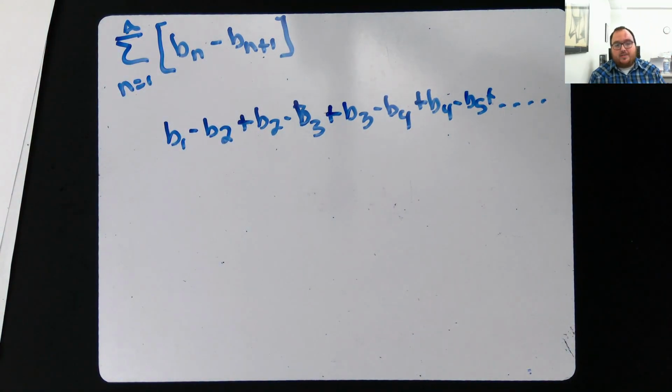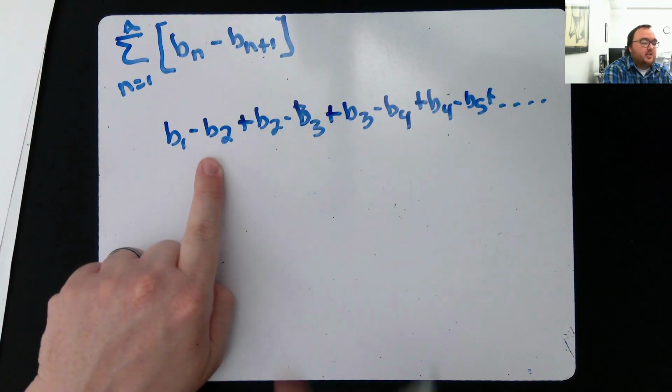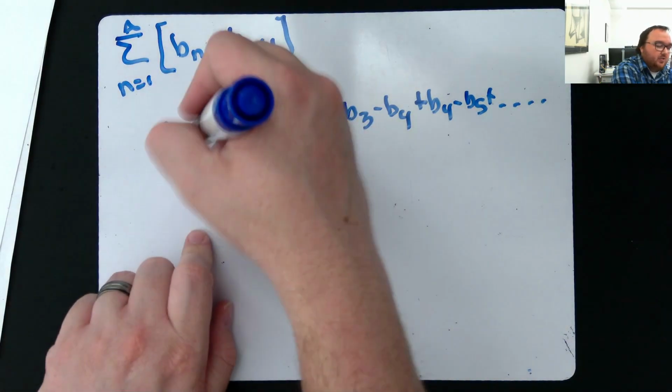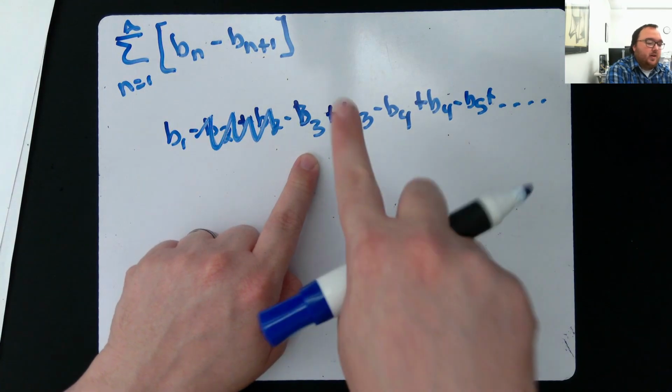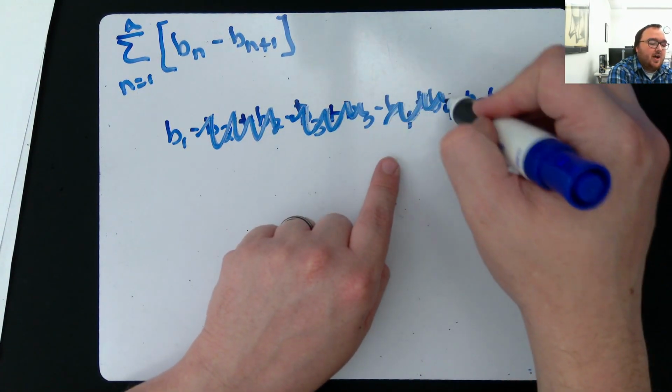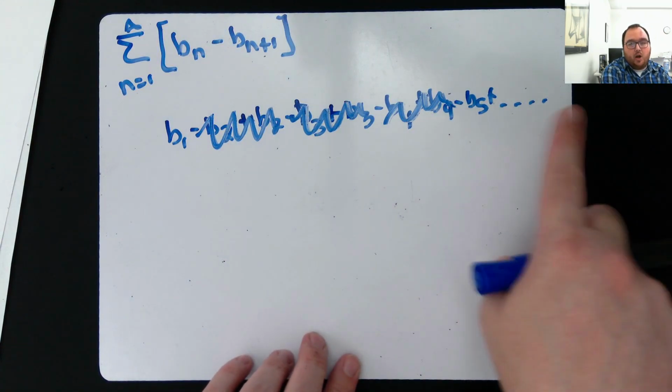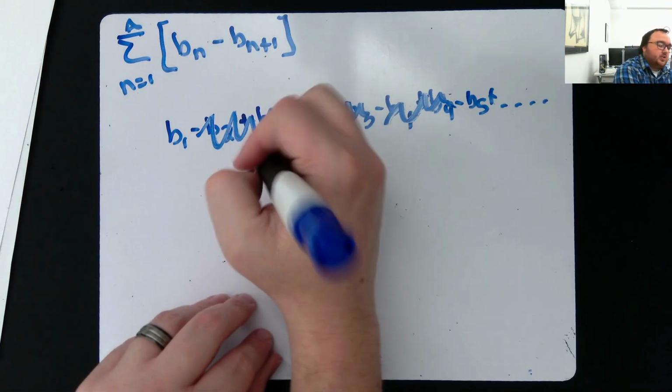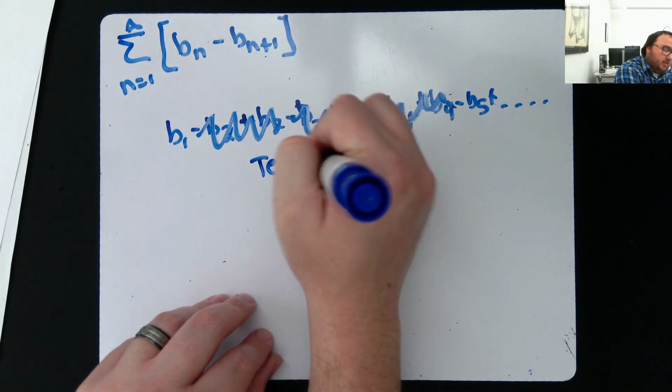Look at what's happening here. Negative b2 plus b2 cancels out. Negative b3 plus b3 cancels out. Negative b4 plus b4 cancels out. And that'll keep happening forever and ever and ever. This is what's called telescoping. They're canceling out.